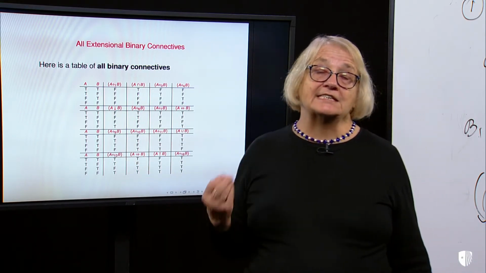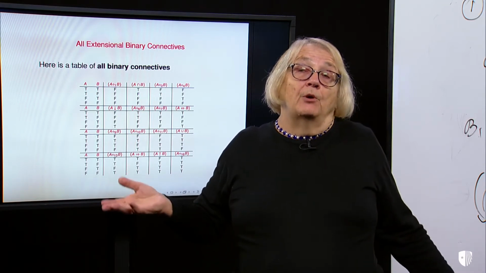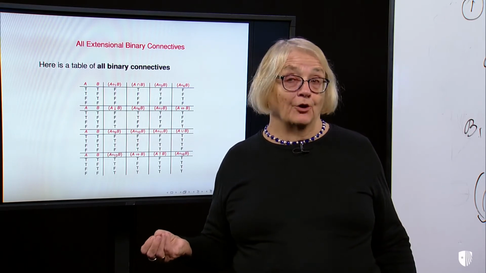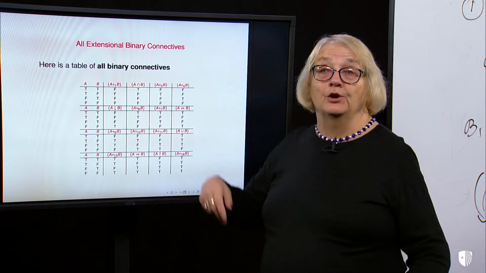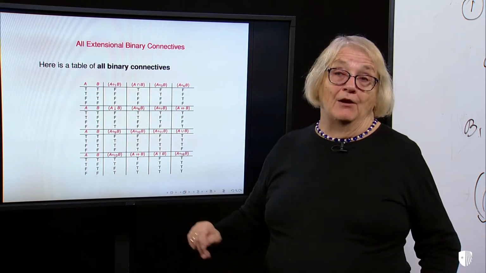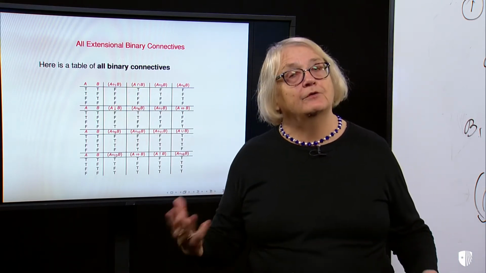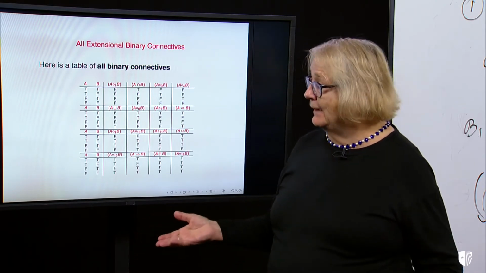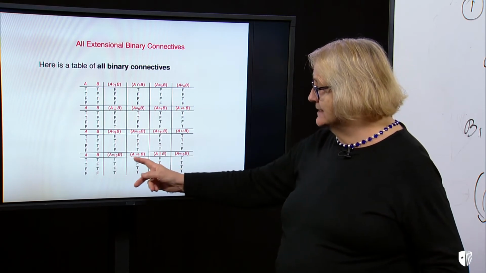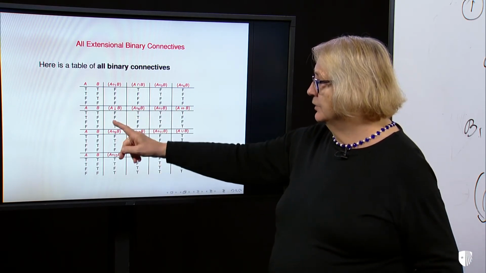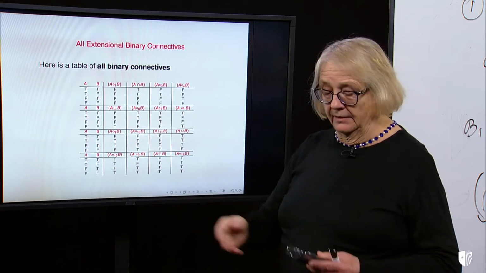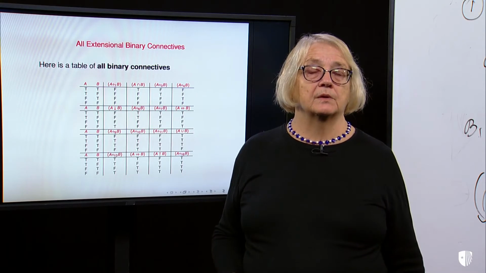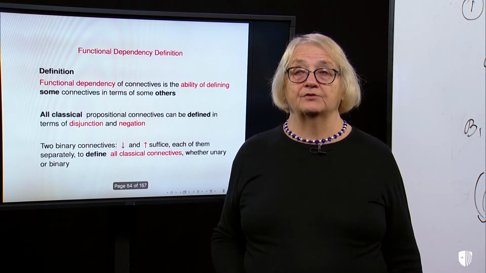But you have 16 possible extensional binary connectives, and if you want to do a logic with such a connective, you have to convince people to accept it. And it happened that only some are special. I'm going to talk about those extra binary connectives which are accepted and which are called classical binary connectives.